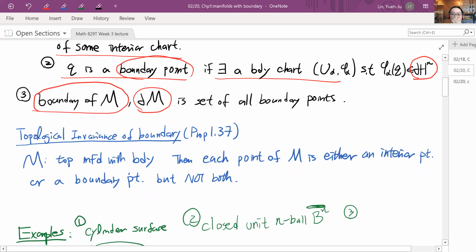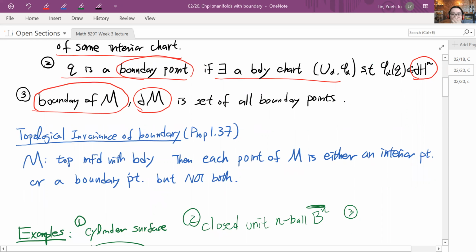And since it's an open subset of a manifold, as we discussed before, if you have an open subset of a smooth or topological manifold, then this open set should be a topological manifold with the same dimension. And this open set is not going to have any boundary. So think of this as the interior of the manifold.